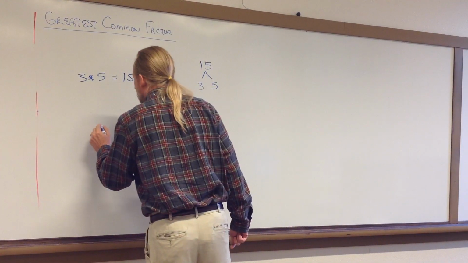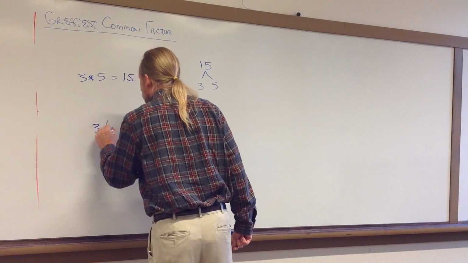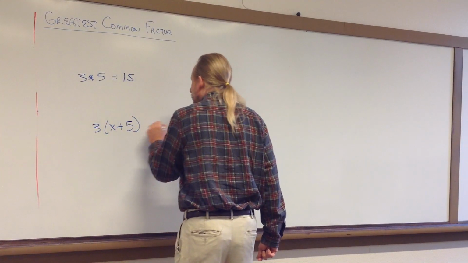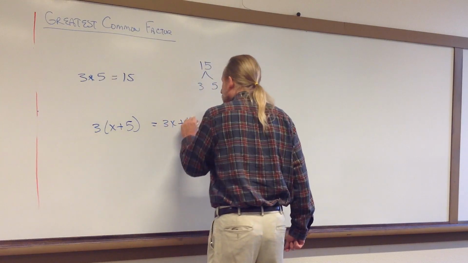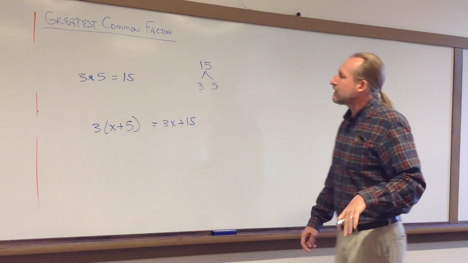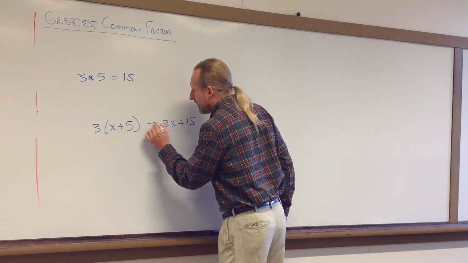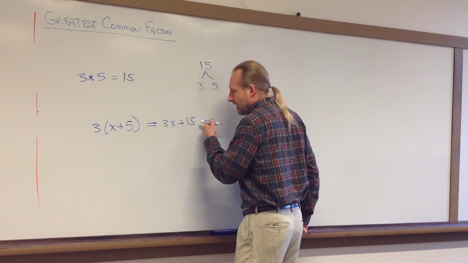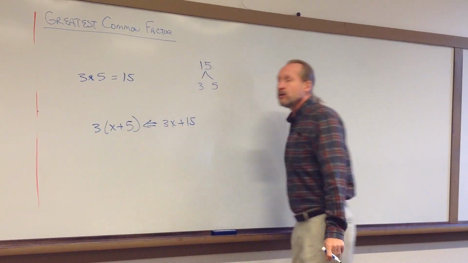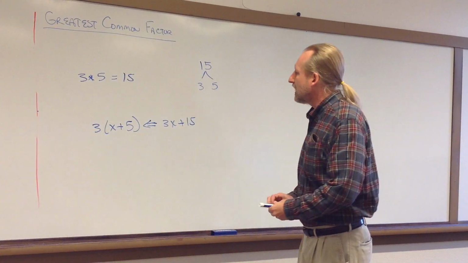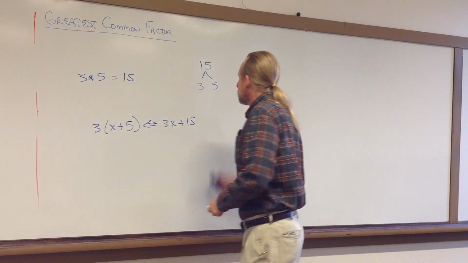If we have a multiplication, 3 times x plus 5 is 3x plus 15. The multiplication takes us in this direction, and the factoring will take us back in the other direction. So that's the general idea for factoring.